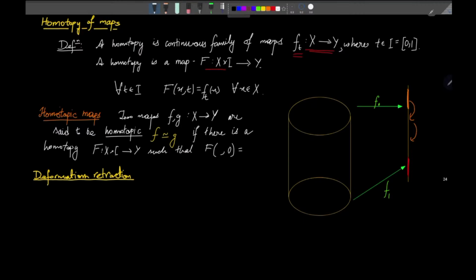So the initial map is F, and the final map, this initial and final are not taken categorically, of course, just as a disclaimer. We start with the map F and we end with the map G. If there is a homotopy like that, then we call the two maps F and G homotopic, denoted with that squiggly thing.